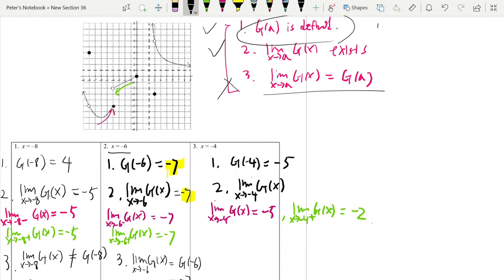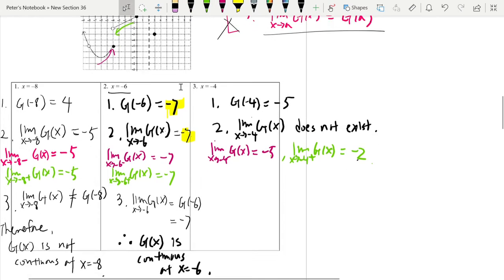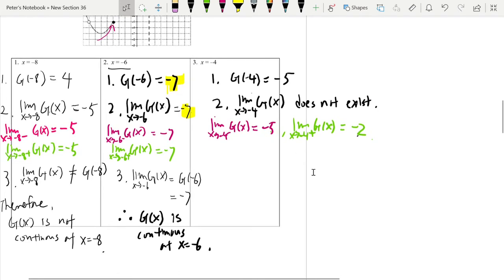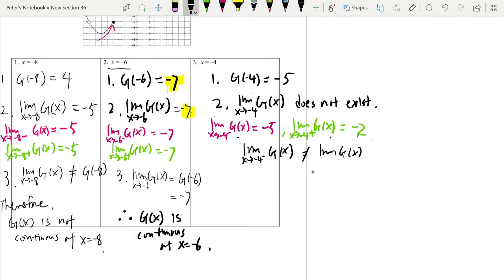So here you said the limit does not exist because of this, right? If you want to be a little bit more formal, you have to actually say because of these two conditions, right? The left-hand side limit and the right-hand side limit are not equal to each other. So, you know what? Let's actually do that. The limit as x approaches -4 from the left-hand side, -5, is not equal to the limit of g of x as x approaches -4 from the right-hand side, -2.